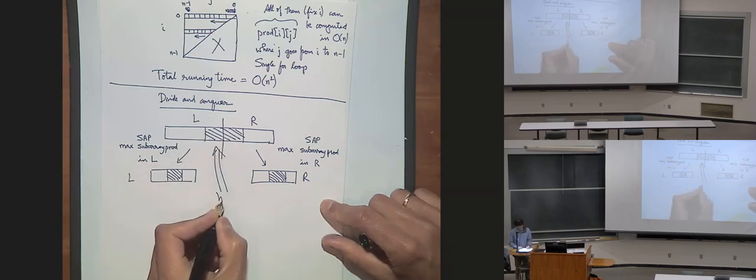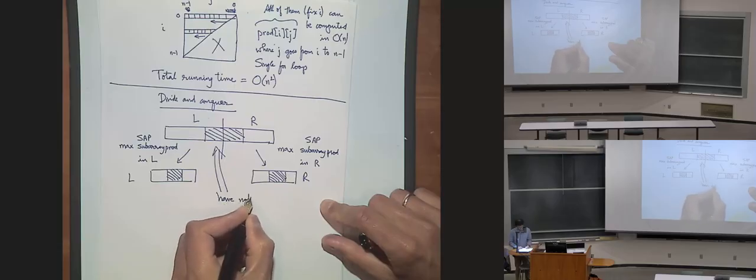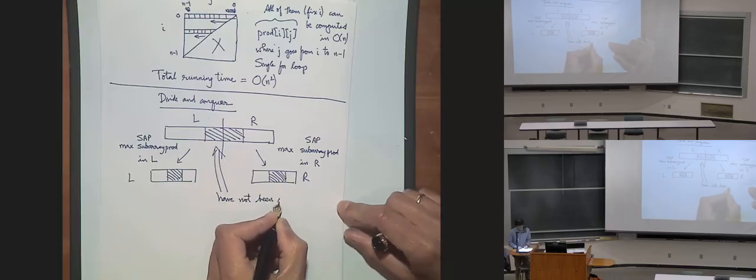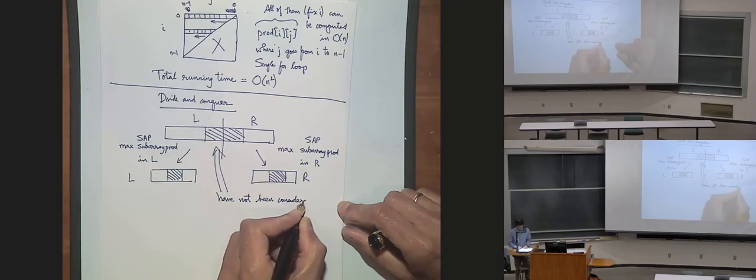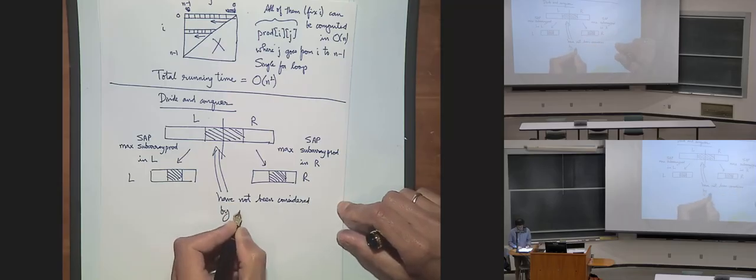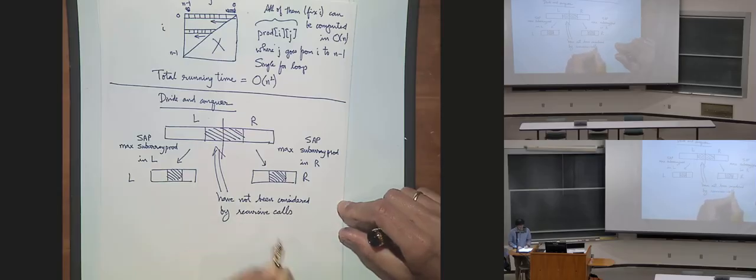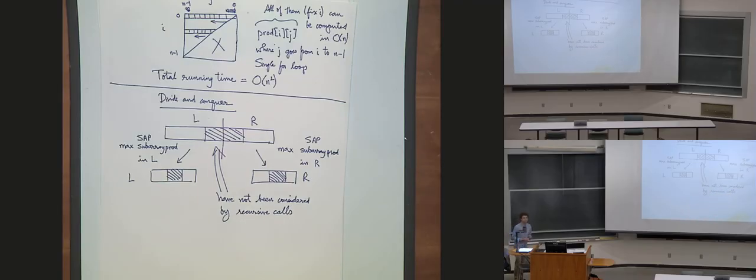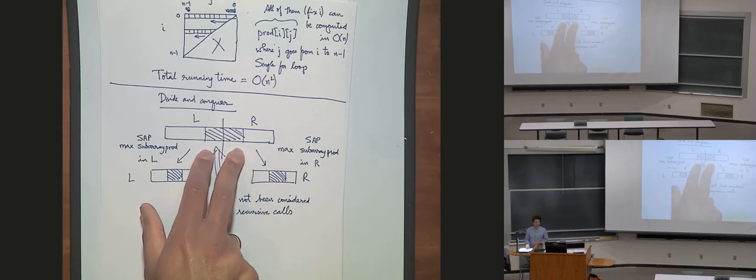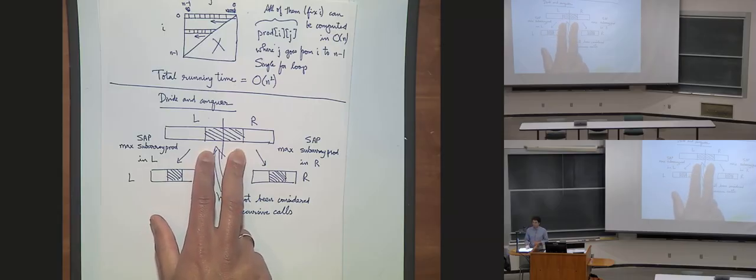These have not been considered by the recursive calls. Yeah? So how are we going? So what we need to do is now maximize the product over these. Okay?